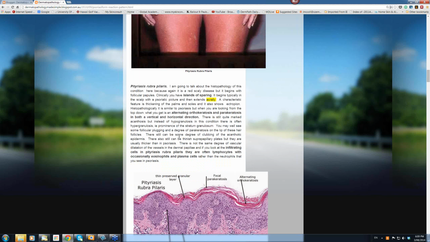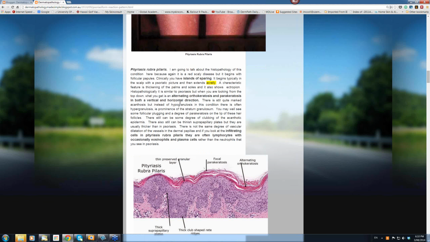So what about the histology of this condition? Well, what you often get is alternating ortho and parakeratosis in both a vertical and a horizontal direction. There is some parakeratosis up here and some orthokeratosis up here. But it can sometimes be seen in a vertical direction as well, alternating ortho and parakeratosis.